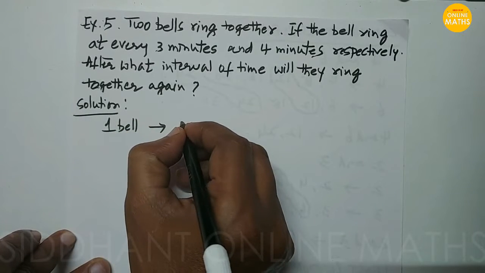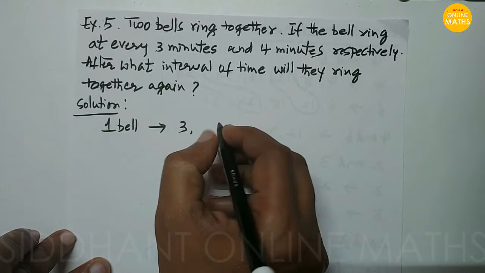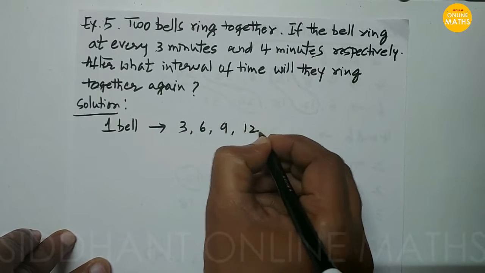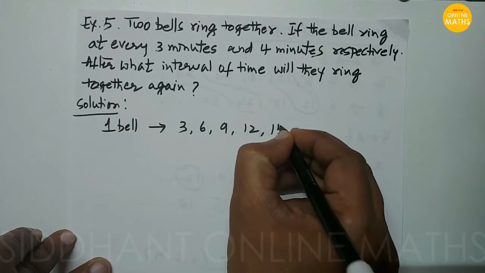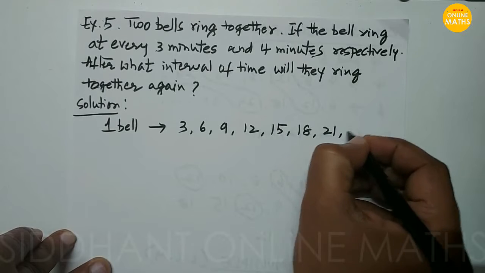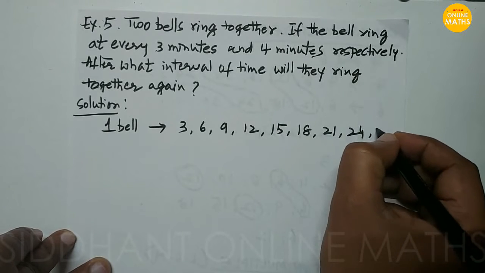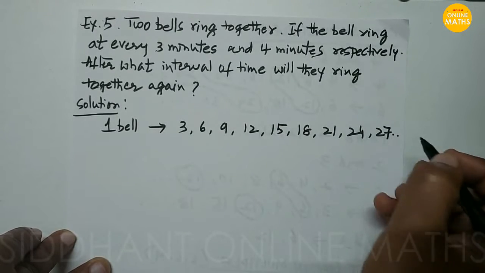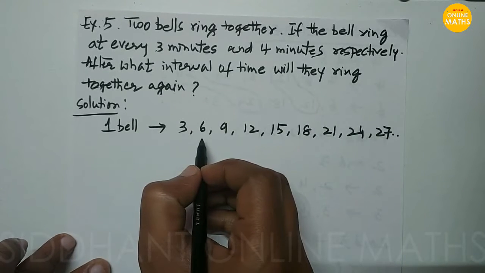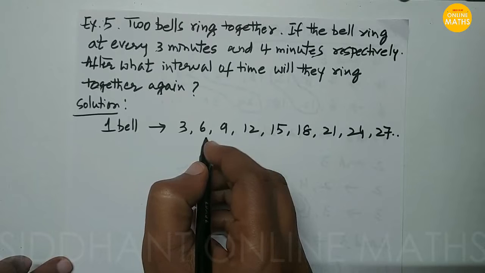That means first at 3 minutes it will ring. After that 6 minutes, then 9, 12, 15, 18, 21, 24, 27, like this we see the numbers. So these are the multiples of 3.